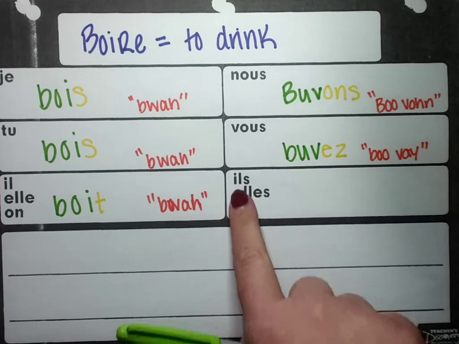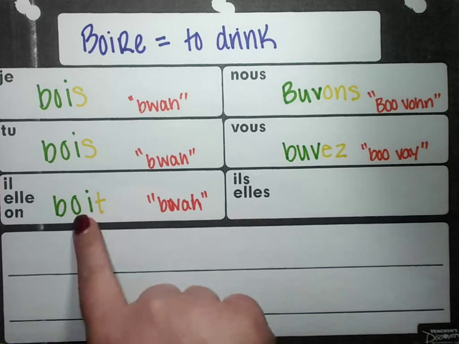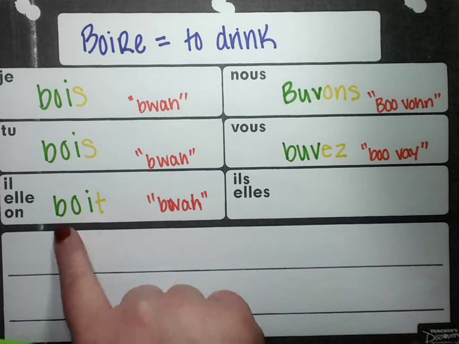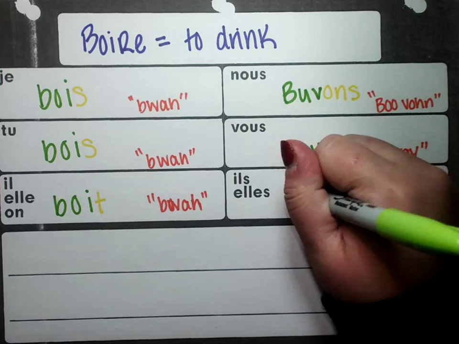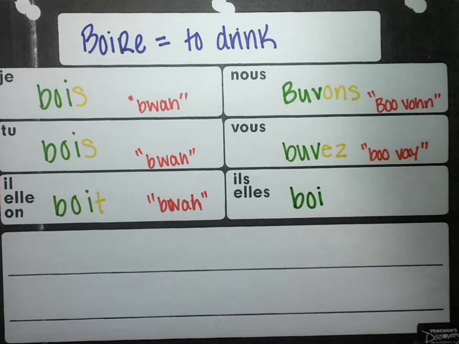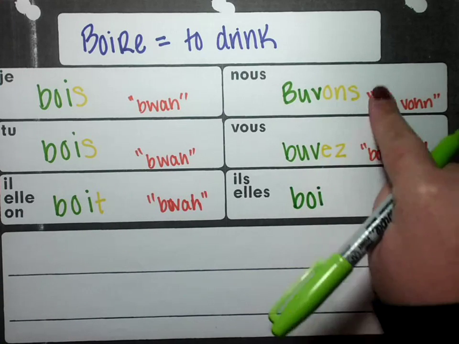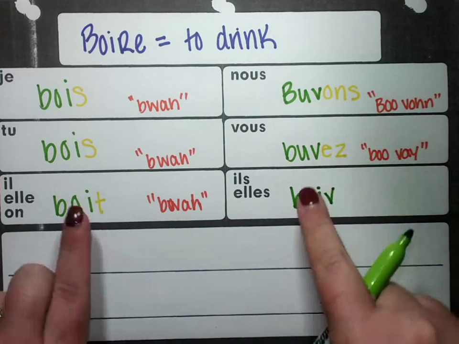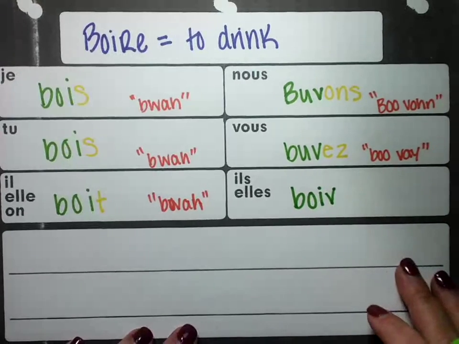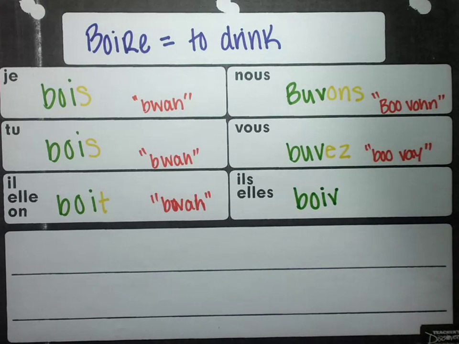Ils and elles plural is going to have the same stem as il, elle, je, and tu. So it's going to have that B-O-I, but then we're going to mix part of the right-hand side and add a V. So it's a little bit of both sides, right? We've got the B-O-I from the left-hand side and the V from the right.